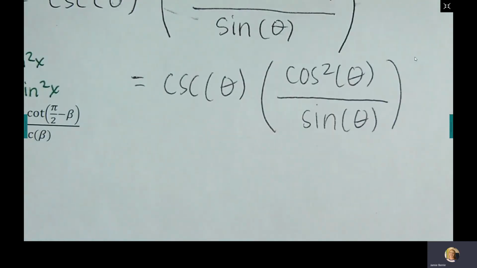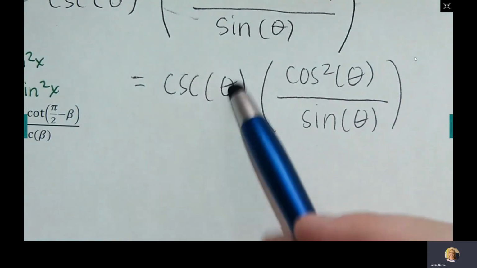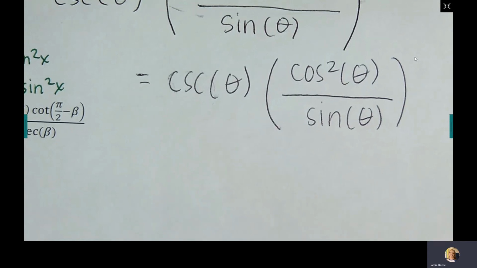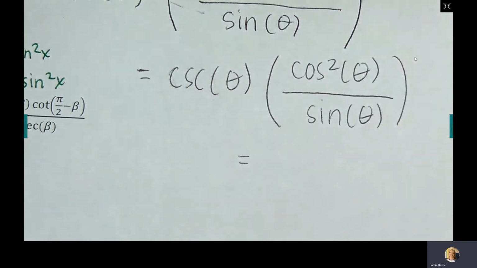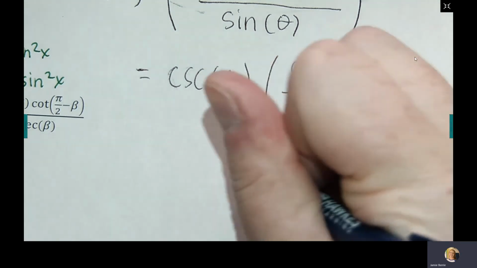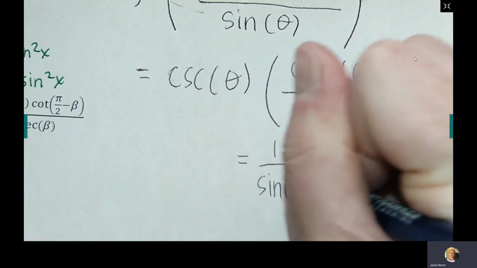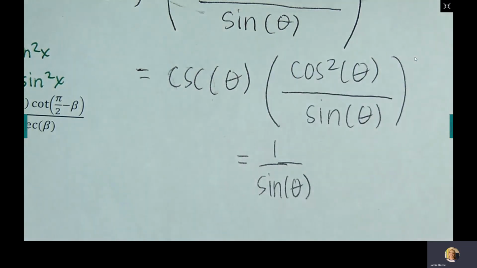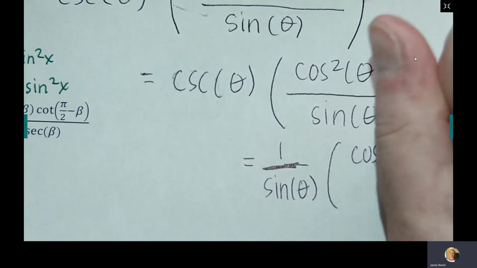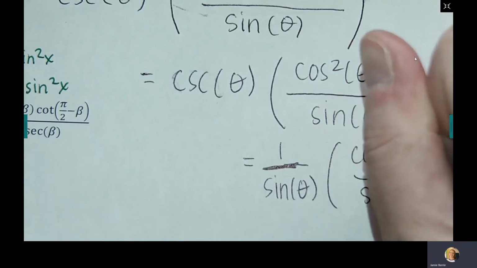Okay. So now let's go ahead and deal with this cosecant out here. We know that cosecant is the same thing as 1 over sine. So that's how I would proceed. I would change that cosecant theta to 1 over sine theta. Big parentheses, cosine squared theta over sine theta.